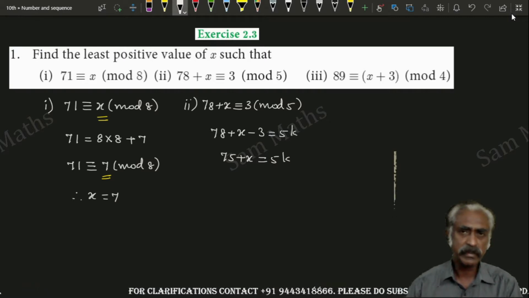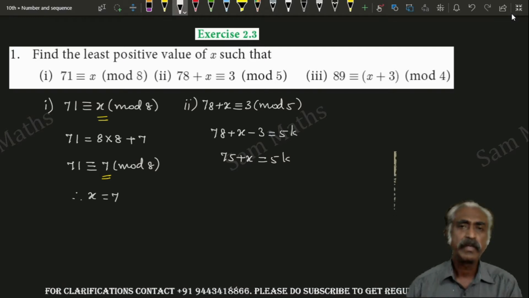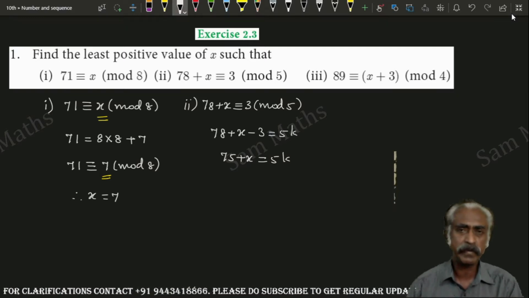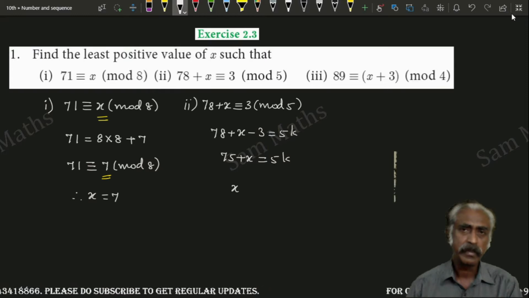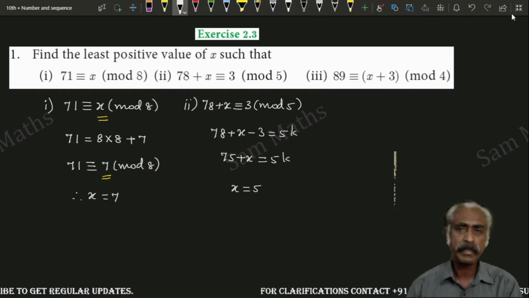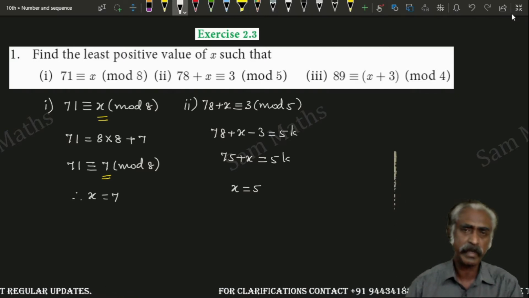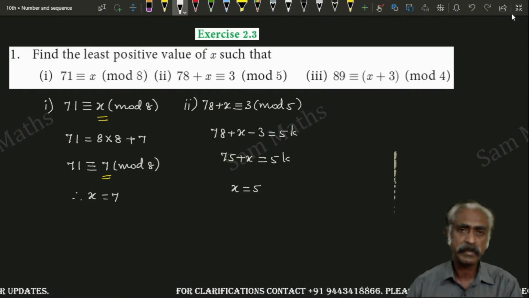Check with this, even for x equal to 0, 75 will be a multiple of 5, but we need the least positive value. Therefore, we can take only x equal to 5. When x equal to 5 we are getting 80, and 80 is a multiple of 5. Therefore, the required solution is x is equal to 5.